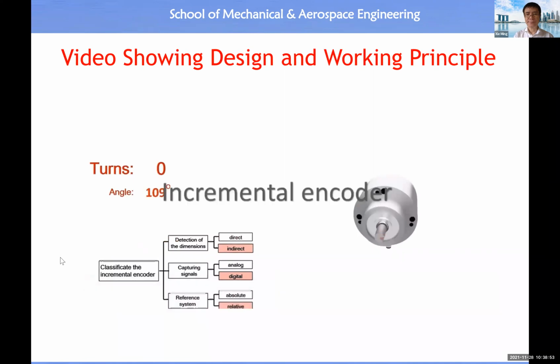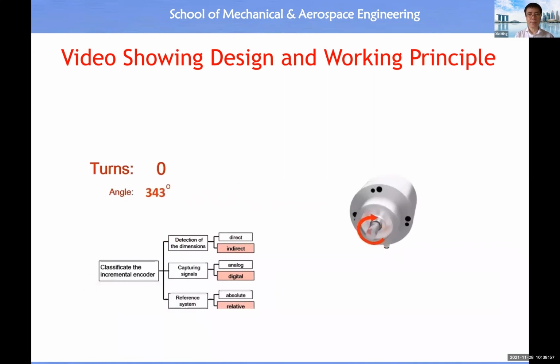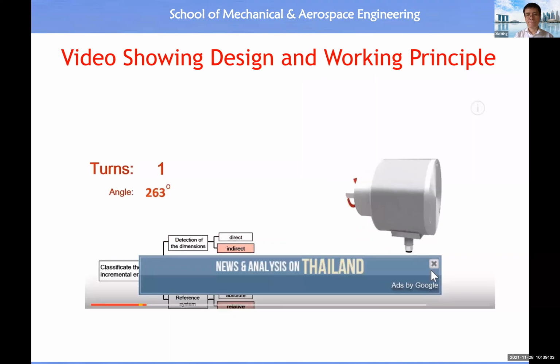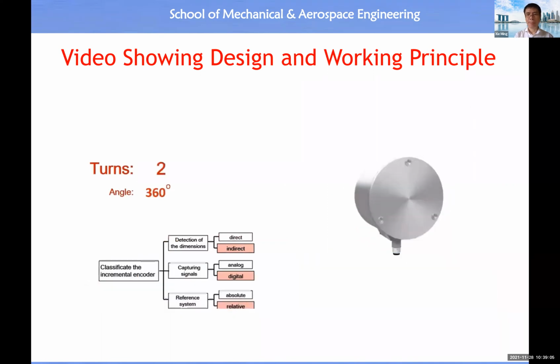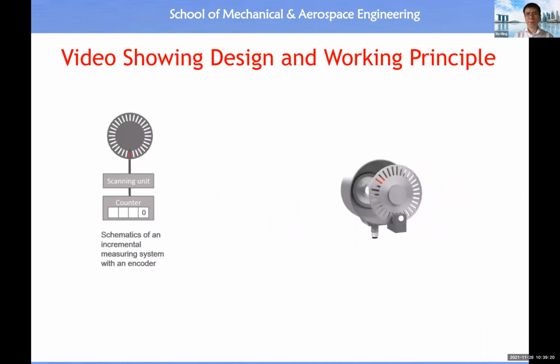Encoder, also called a shaft encoder, can be used in positioning and motor speed feedback applications. In this video we explain the function of an incremental rotary encoder. Measuring systems which use this type of encoder can be classified as indirect, digital, and relative. Incremental rotary encoders use a disc which contains transparent sections that are equally spaced.